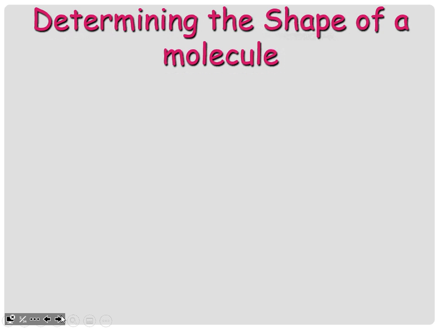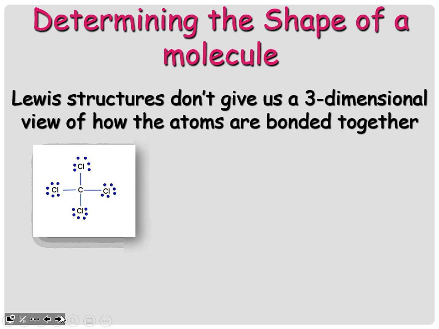So, determining the shape of a molecule. If we look at this Lewis dot structure here, it shows us a two-dimensional view. However, when molecules are bonded together, they are three-dimensional.